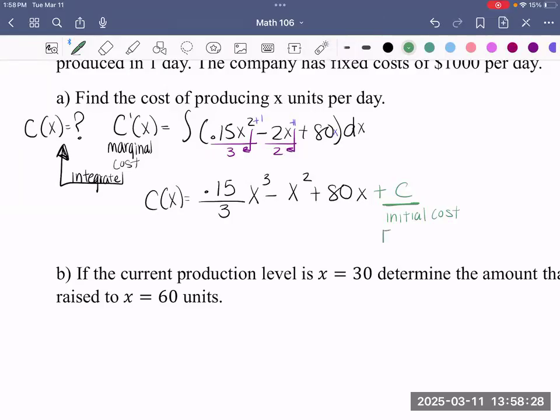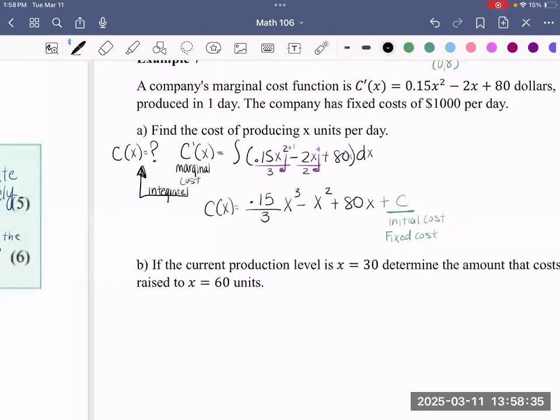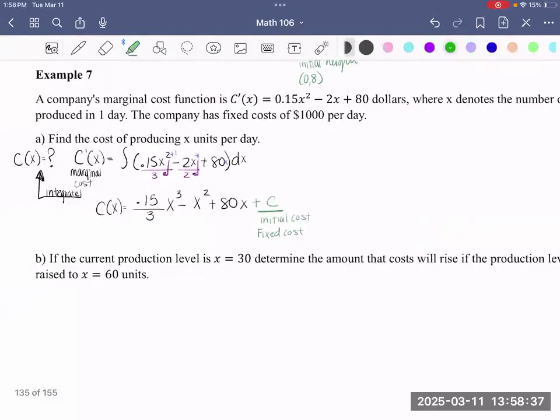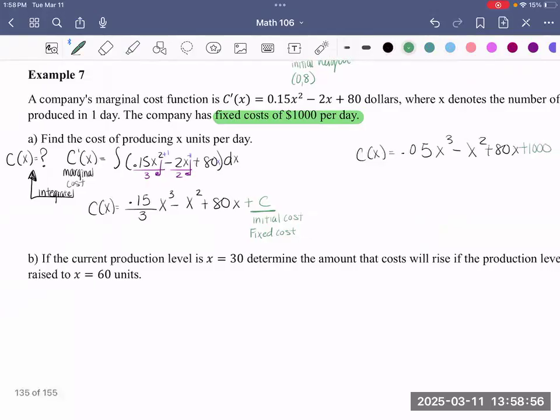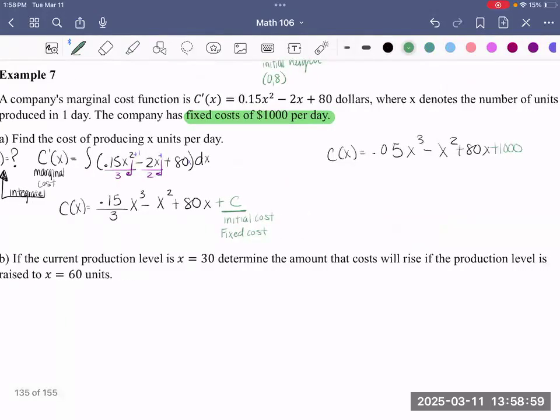This is your fixed cost. Your fixed cost, they said, was 1,000 a day. So overall, we have 0.05x cubed minus x squared plus 80x plus your 1,000 in fixed cost. This is your cost function.